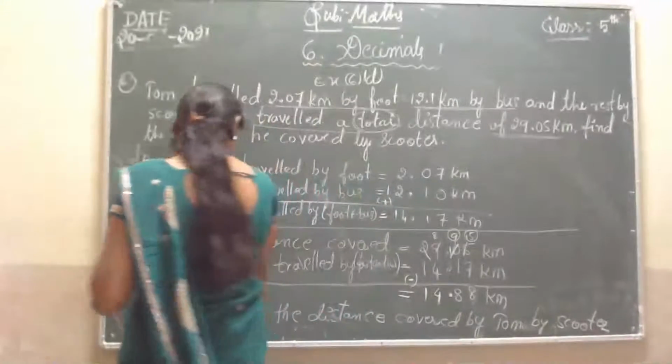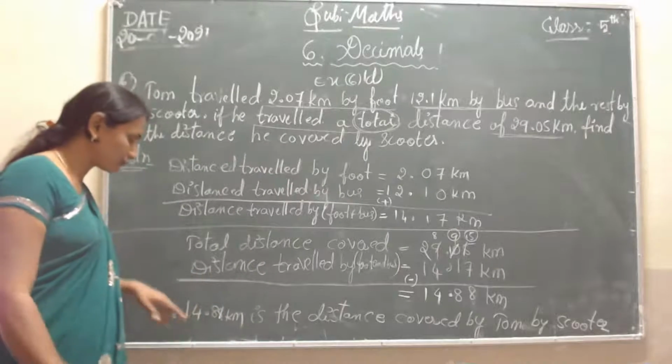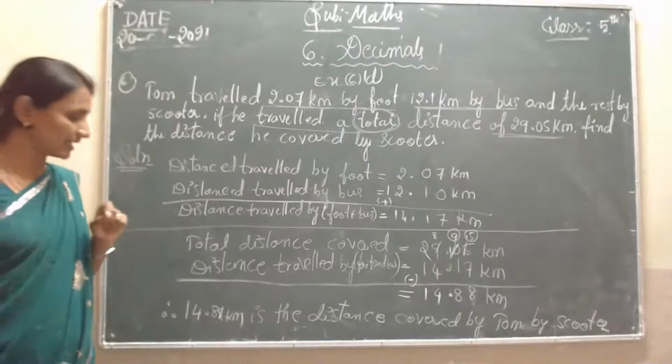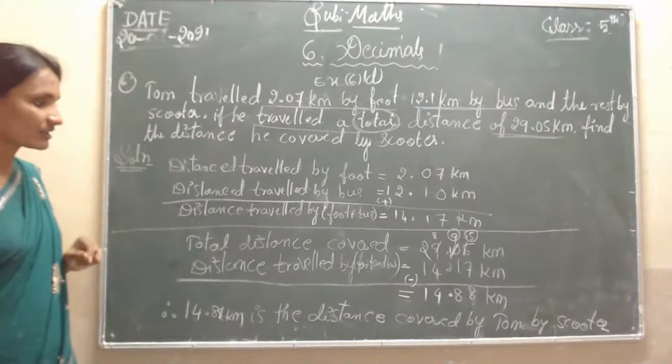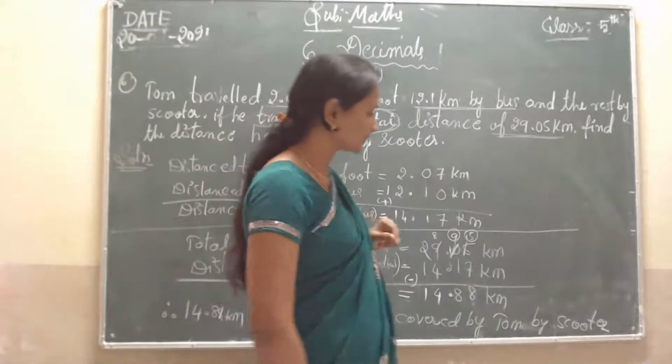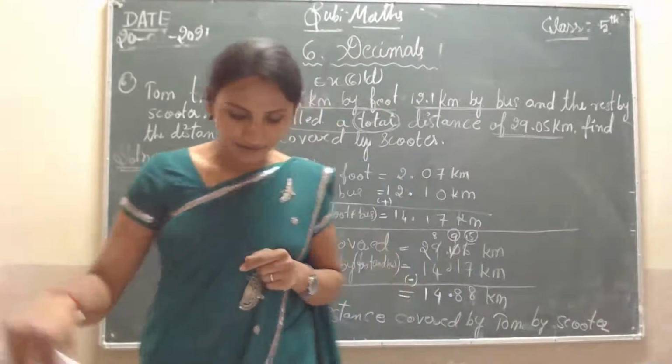Students, what is the distance covered by Tom by scooter? That is 14.88 kilometers. Yes, this is the distance covered by Tom by scooter.